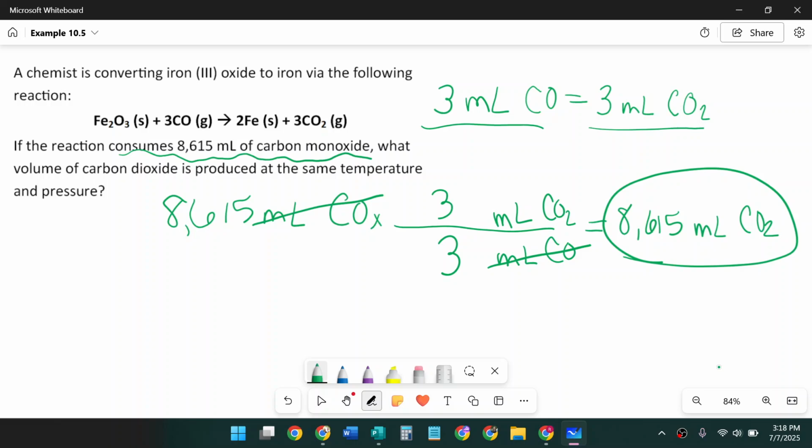That means they're both gases, and so they have the same volume because they both have the same number in front. If one of them had a 3 and one had a 2, using this conversion relationship would have helped to make that a lot easier, so we kept our numbers in order. Or if they weren't both gases, we couldn't have used this idea at all. Anyways, 8,615 milliliters of carbon dioxide are produced, and so that's our answer.